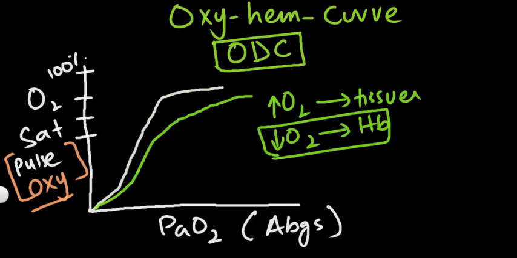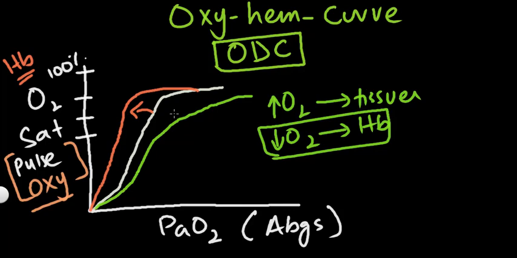Vice versa, on the other hand, if we take the same graph and we shift it towards the left side, as you can see it will take more oxygen for the saturation of the hemoglobin to reach a plateau phase.